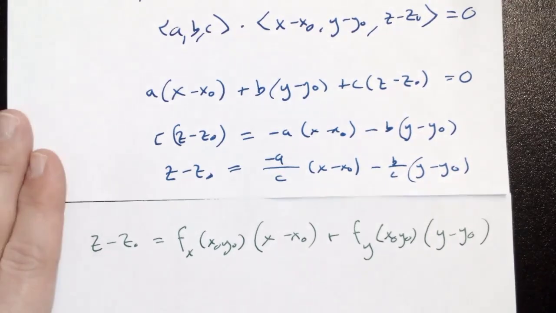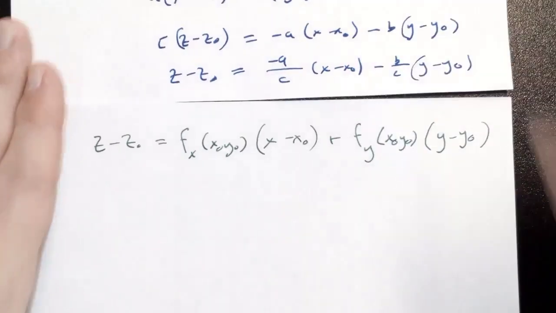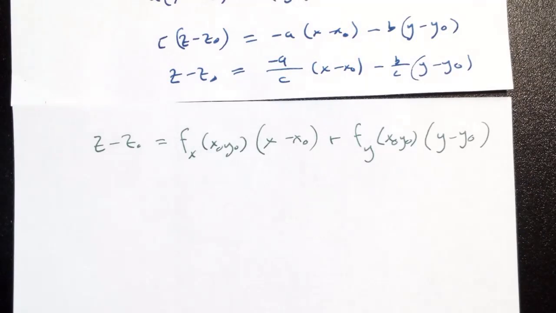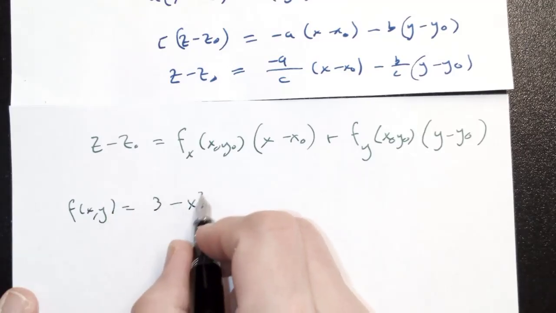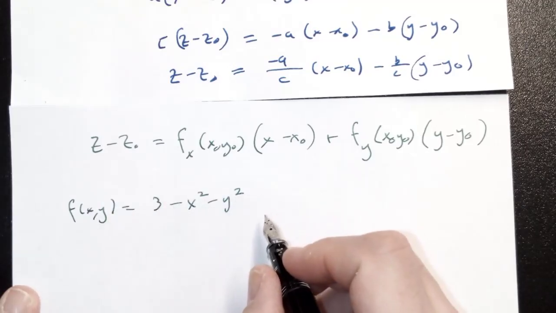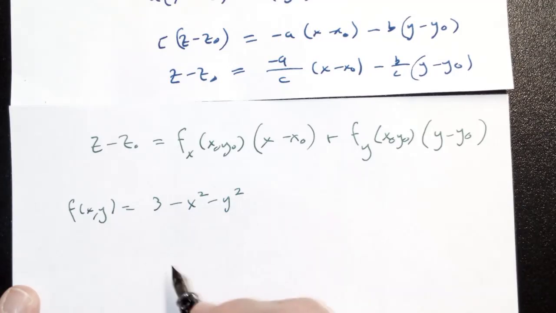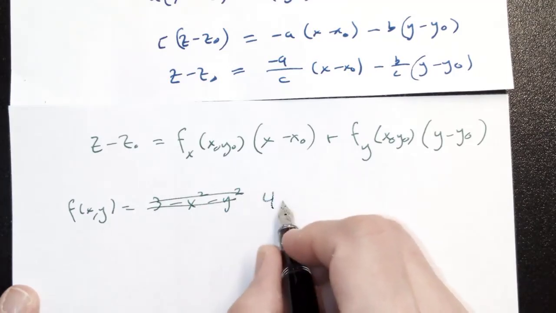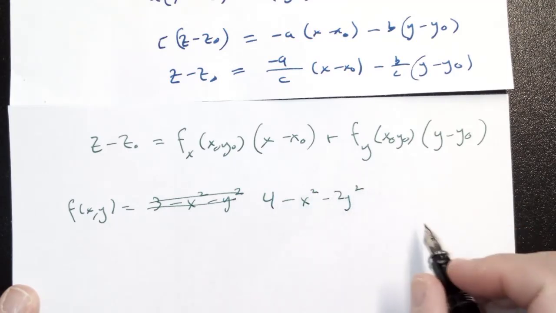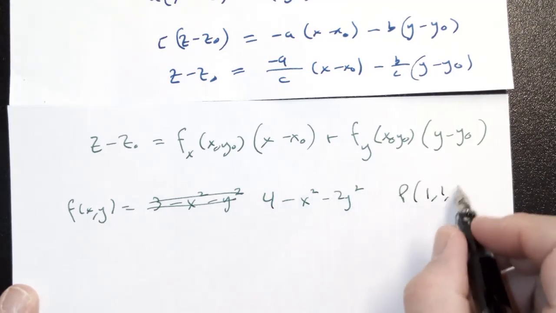Okay, wait a second. Let me go back to the example we were doing with my hat. Let's do this one. We were doing the function f of x, y equals 3 minus x squared minus y squared. Wait, was that the one we did on Friday, or was it 4 minus x squared minus 2y squared? I don't remember. Which one did we do? 4 minus x squared minus 2y squared. Then let's do that one. And we did it at the point 1, 1, 1.